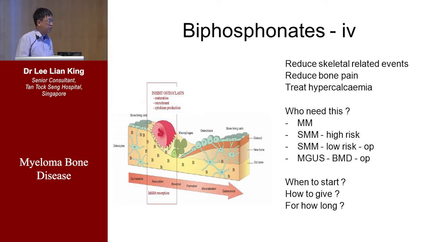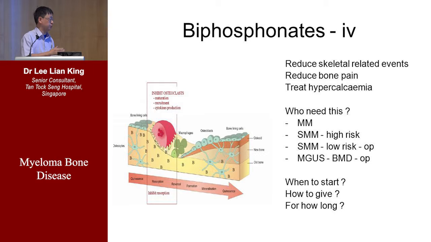So normally we give all our myeloma patients this group of medicine through intravenous injection. As for smoldering myeloma patients, the latest development is that with scanning we can predict more accurately which patients are going to progress, and the recommendation is to treat them with this bisphosphonate as well.